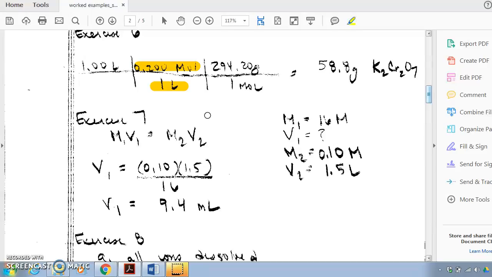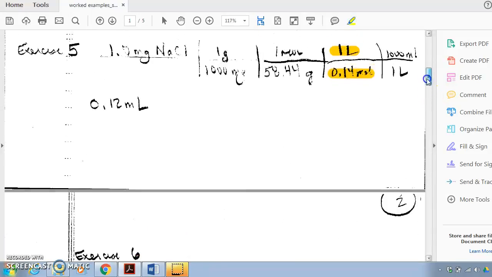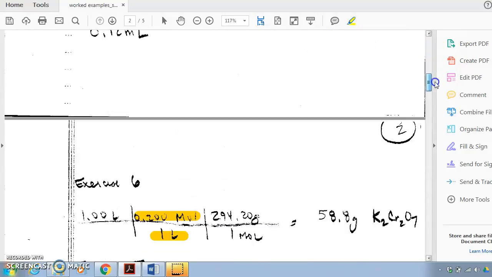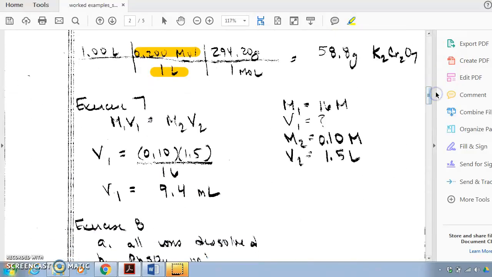So it is absolutely essential in the previous example in number 2 that we use the volume in liters when we're calculating molarity, and when we're multiplying volume in liters times molarity to get moles. But when we are using M1V1 equals M2V2, you can plug in both V1 and V2 as milliliters and it will work just fine. Thanks for listening.